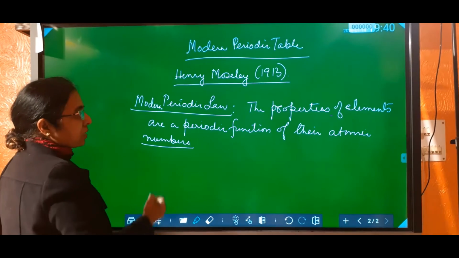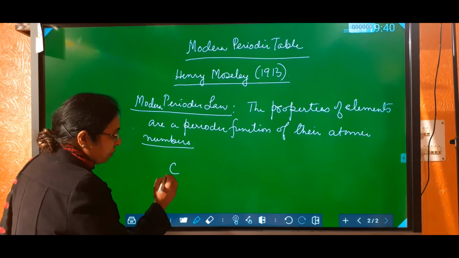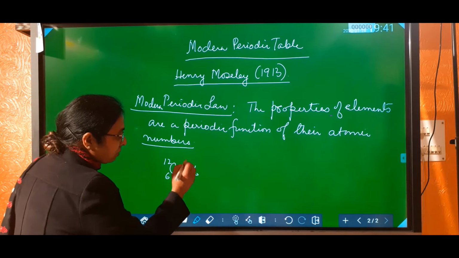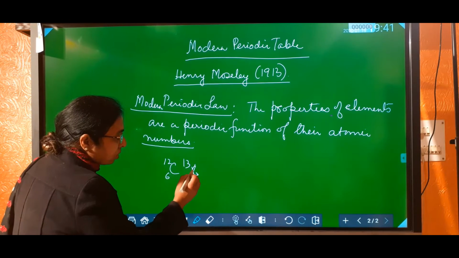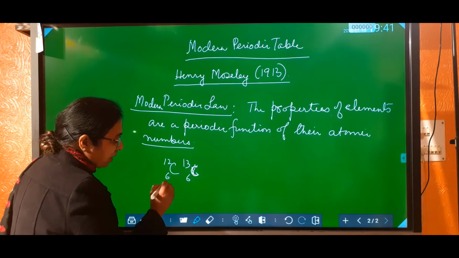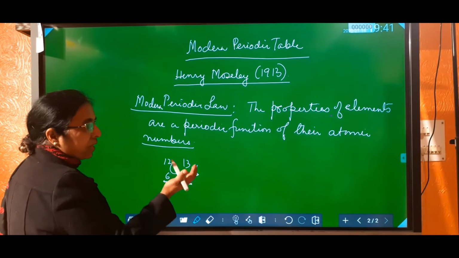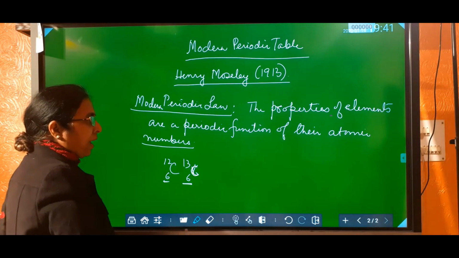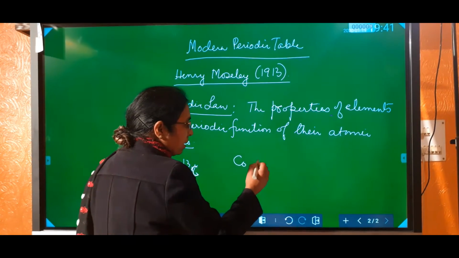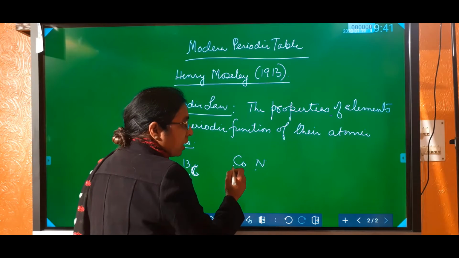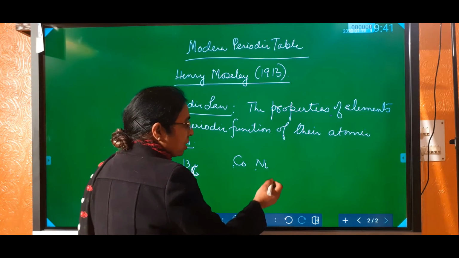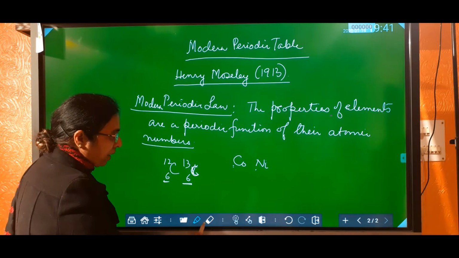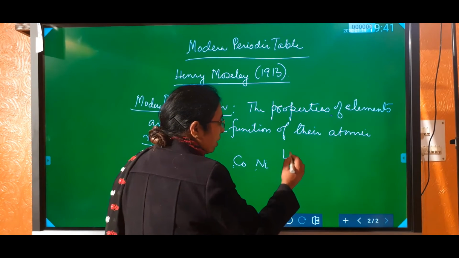Now, as you can see, if I write carbon 12 and carbon 13, both carbon 12 and carbon 13 have atomic number 6. So they can be placed in the same group. And cobalt and nickel have their own different atomic numbers, and every time the atomic number is increasing by 1 when you are moving from left to right.